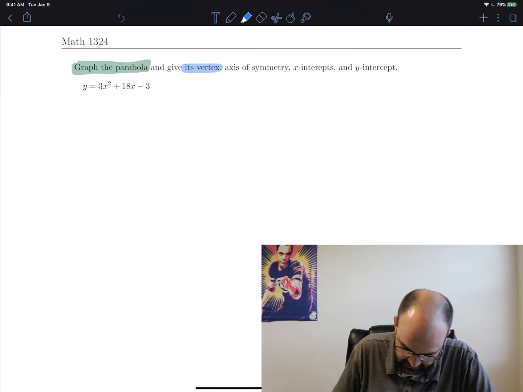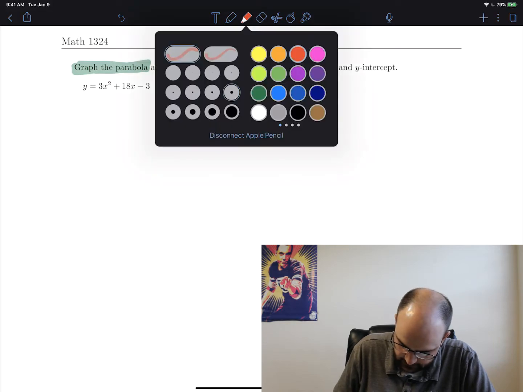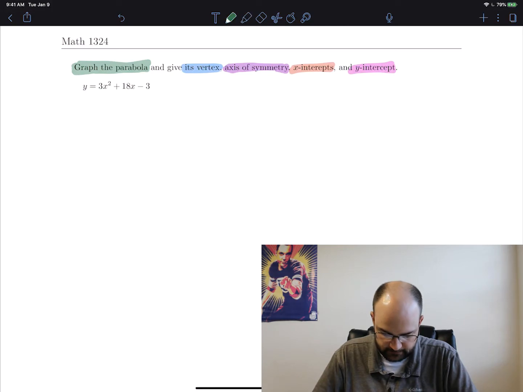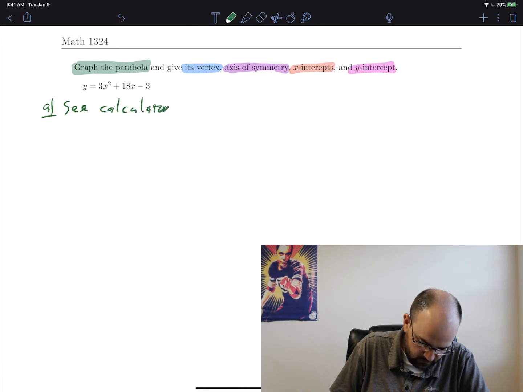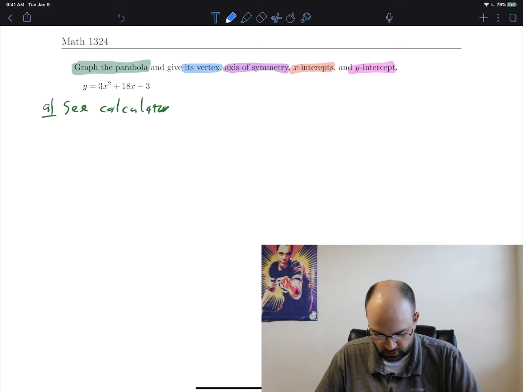We want to find the vertex, the axis of symmetry, any x-intercepts it may have, and the y-intercept. Okay, so for this, we'll see the calculator here in just a little bit.